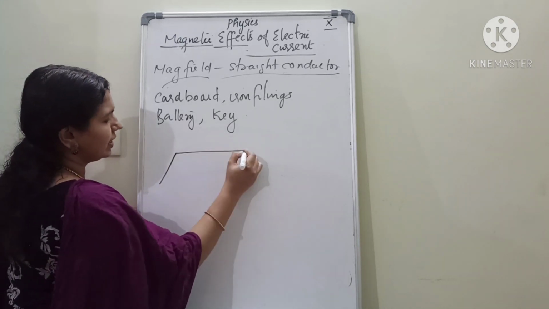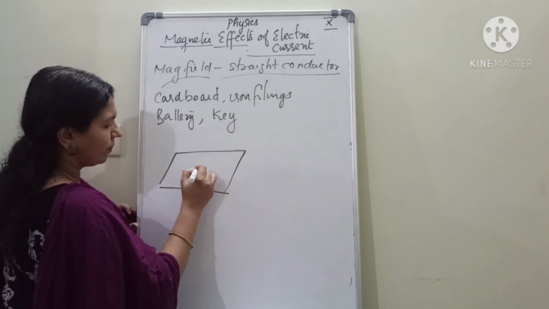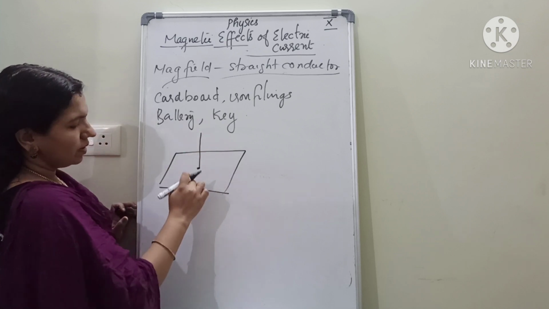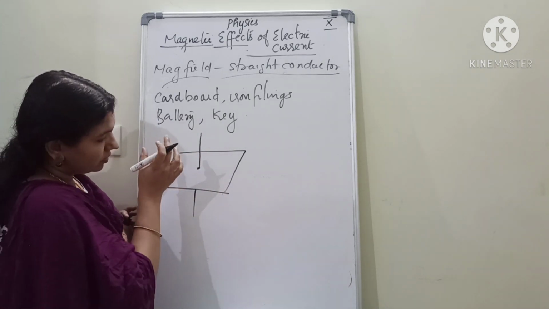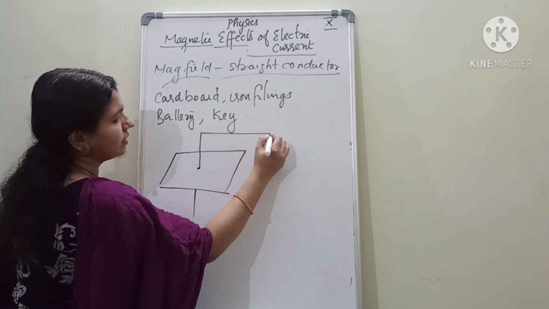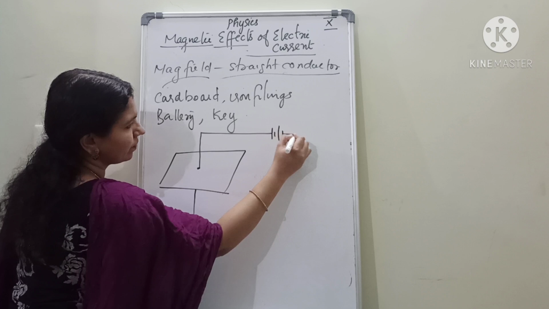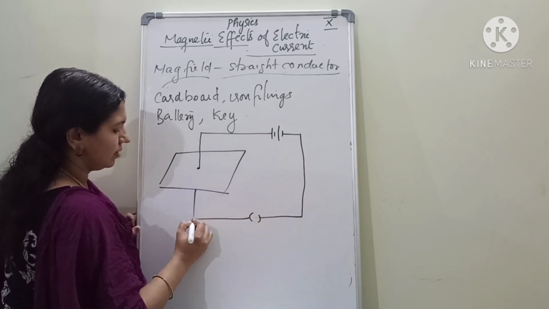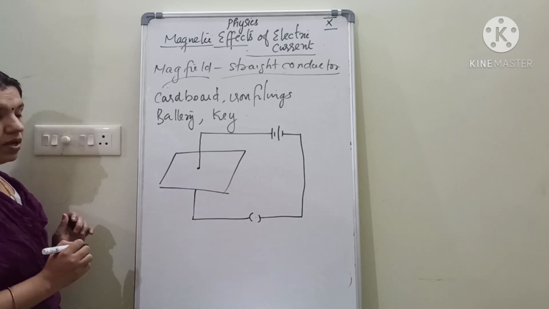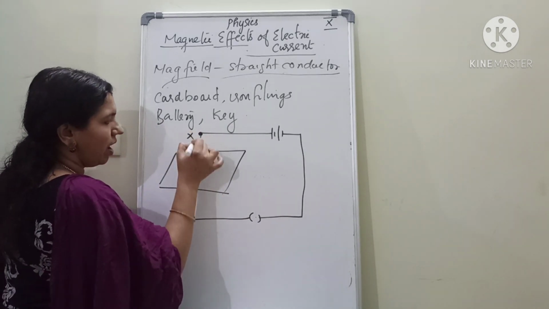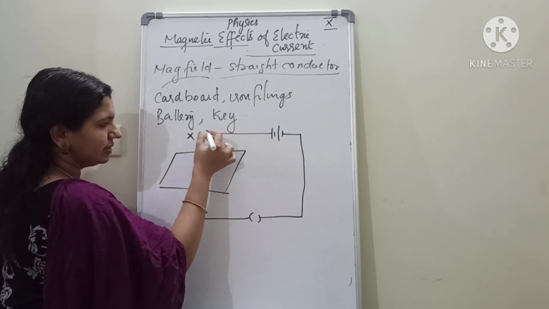So this is your rectangular cardboard, then you place what? Straight conductor through the center, then it is connected to a battery. Clear? Then a key connected here. So you can see that the current is passing in this direction, isn't it?